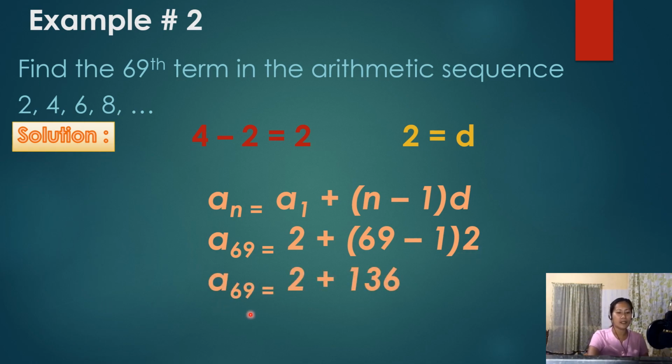A sub 69 equals 2 plus, that is 69 minus 1, 68, times 2, 136, plus 2 equals 138. So a sub 69 is equal to 138.